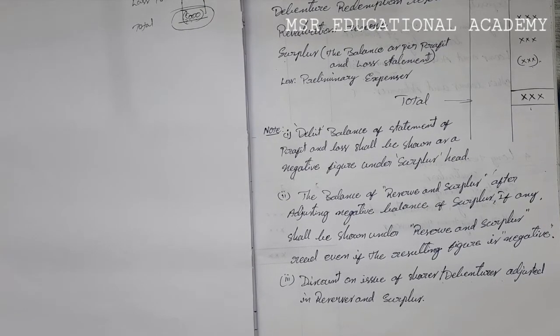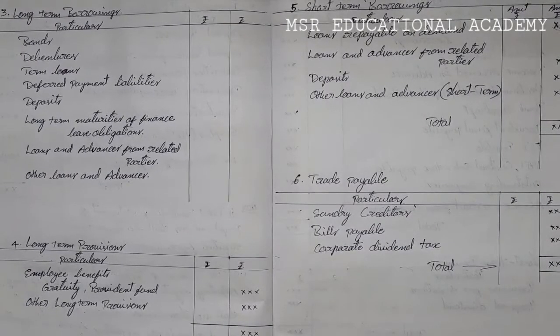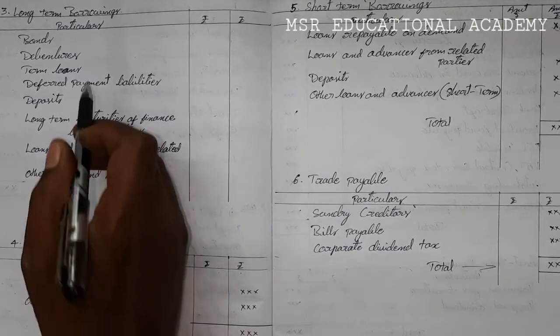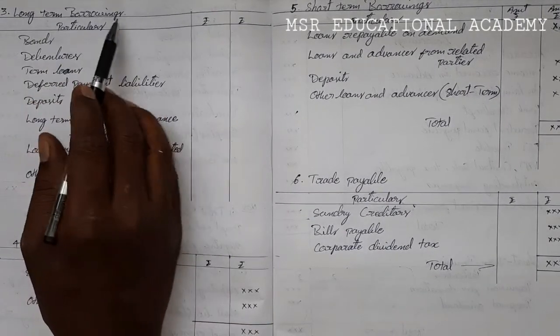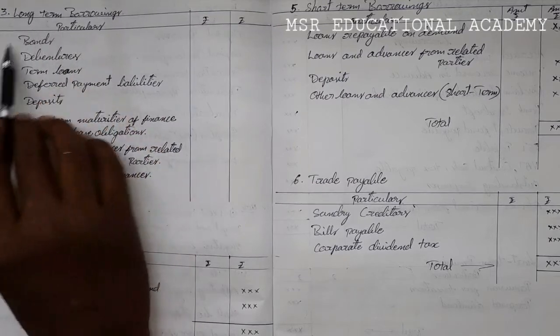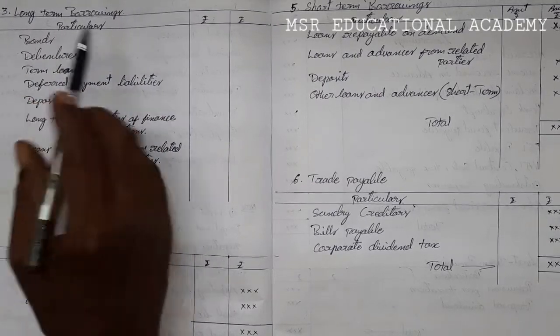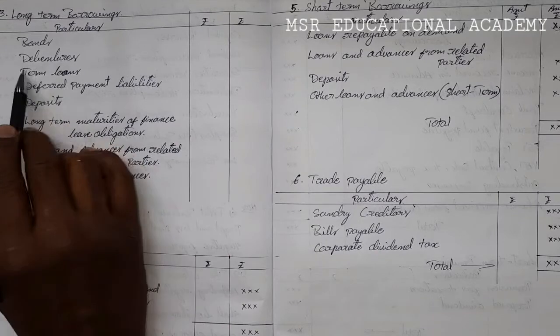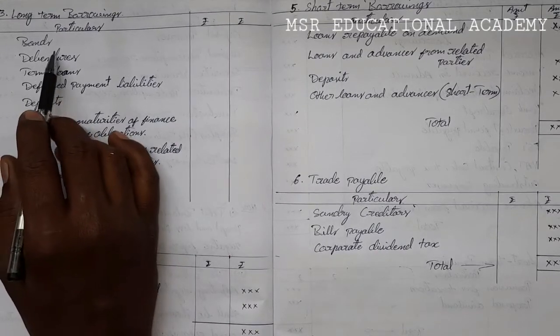Now you can remember this one. And after reserves and surplus, there is the third one, long term borrowings. Very important head. Under long term borrowings, there are bonds, debentures, and items related to long term, meaning more than 1 year.